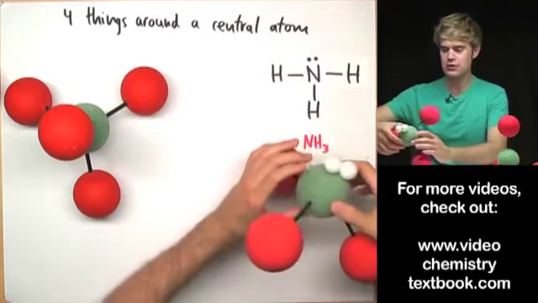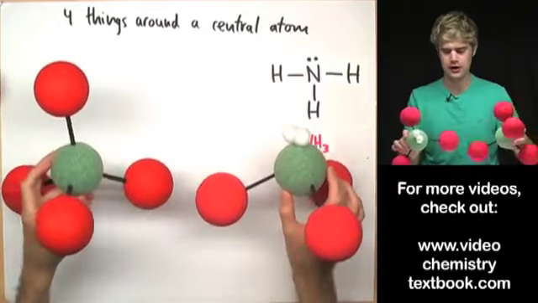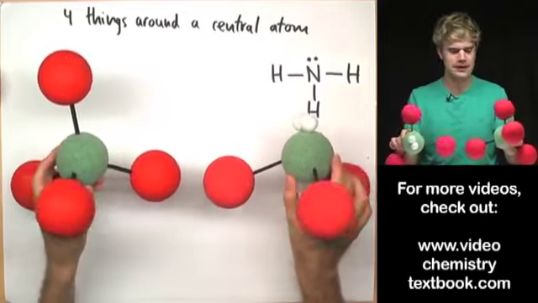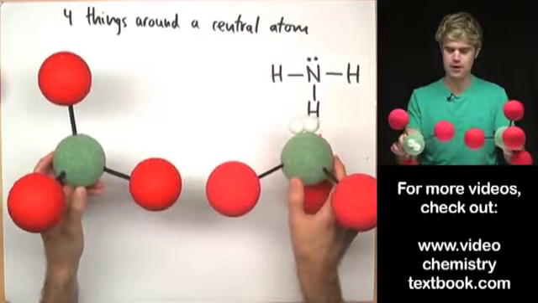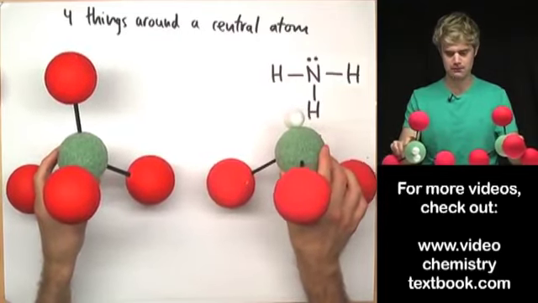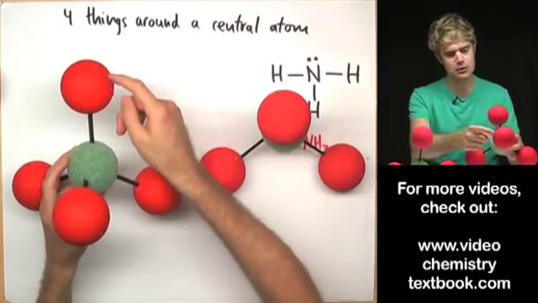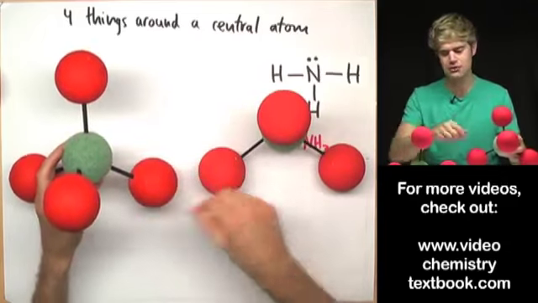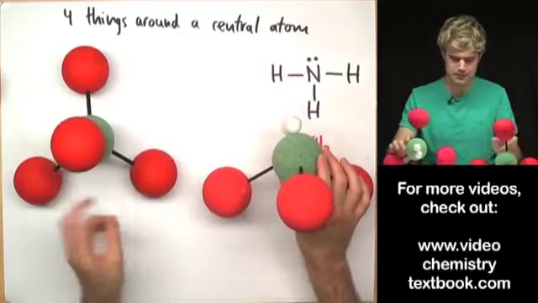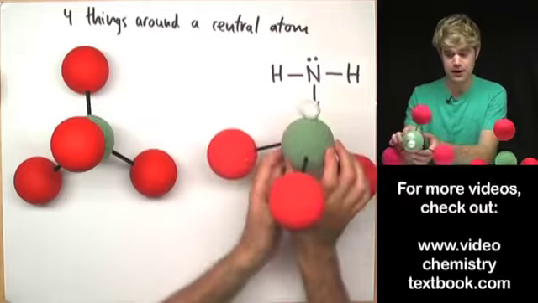So NH3 is going to end up having this shape, which is called a trigonal pyramidal shape. Look at how similar it is to the tetrahedral shape, okay? I'm sort of showing them on their sides here. It's just that the atom that was up here when we had 4 atoms around the central atom has been replaced by an unshared electron pair here, okay?